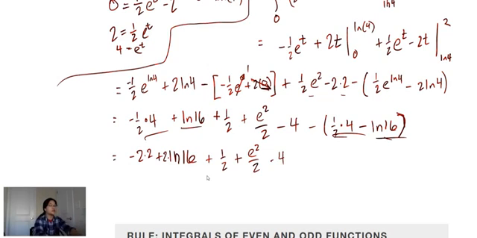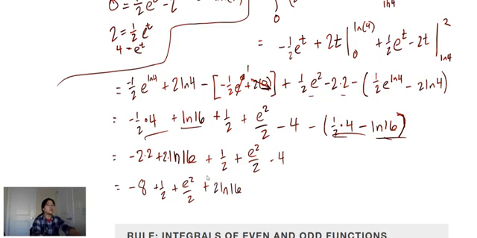Boy, okay, so negative 8 plus 1/2 plus e squared over 2 plus 2 natural log of 16. Okay.